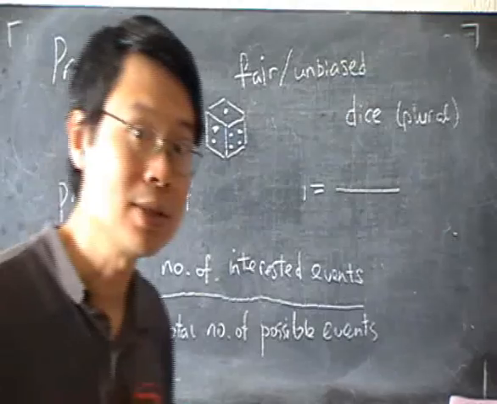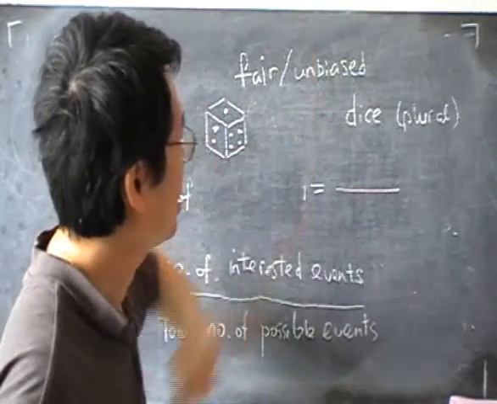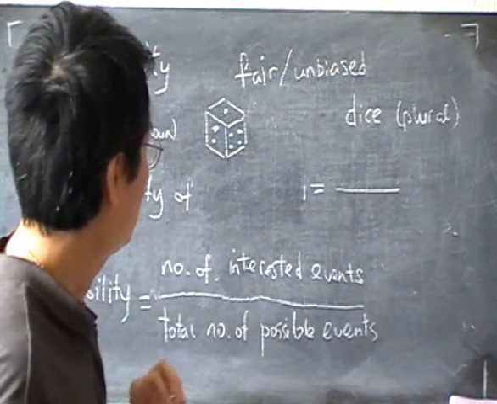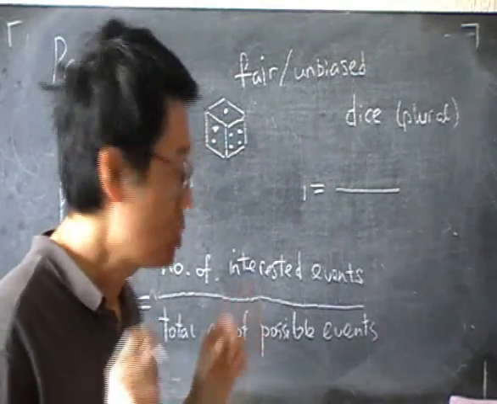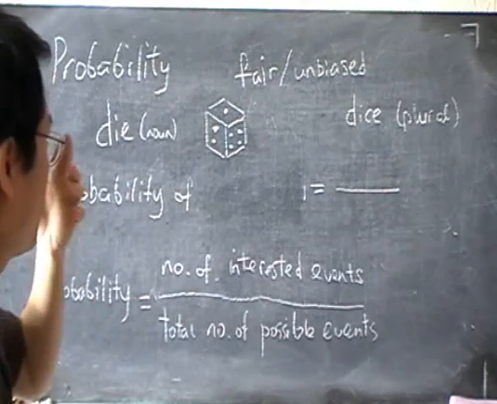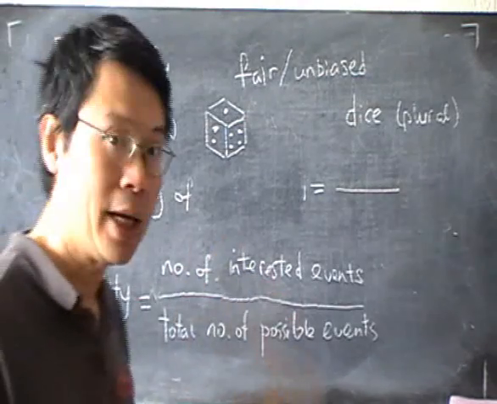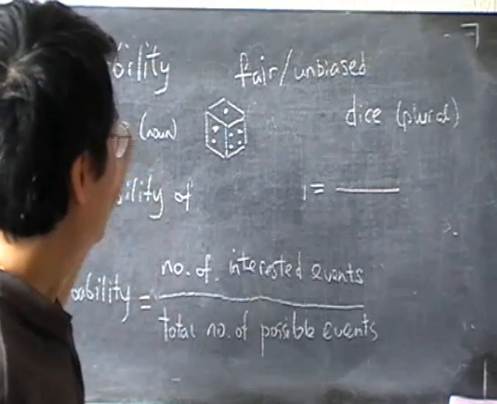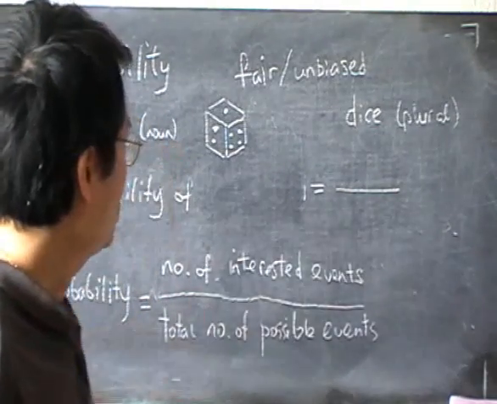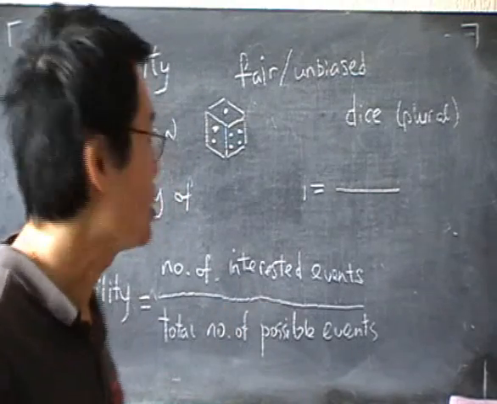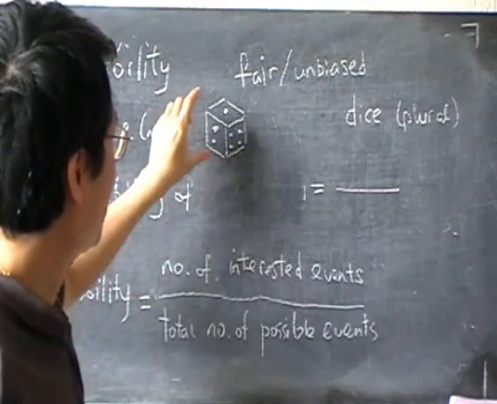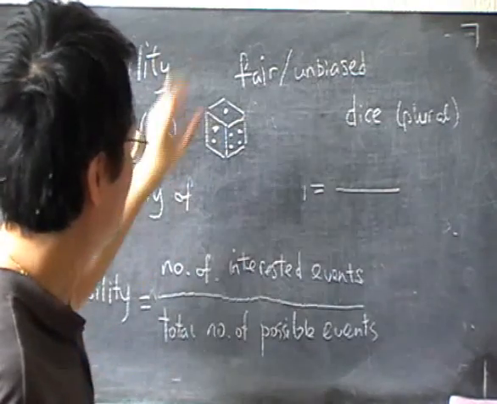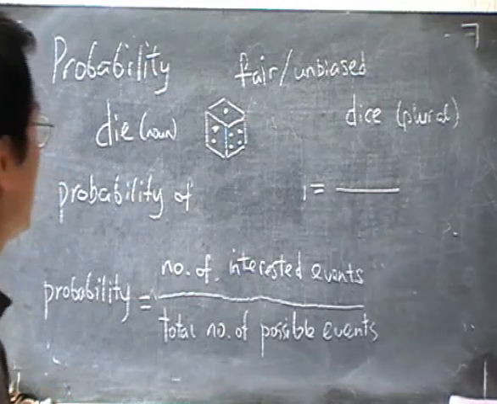So that's a biased die. A biased die would be more likely to give you some particular number. So in our example here, we are just going to look at a fair or an unbiased die, which is equally likely to land on any side. So it's equally likely for us to get any number from 1 to 6, or any number of dots from 1 to 6.